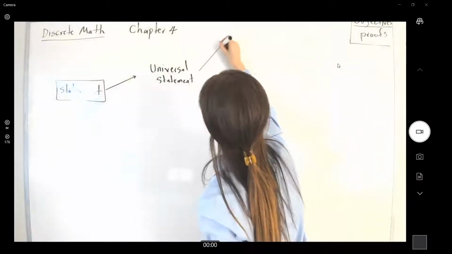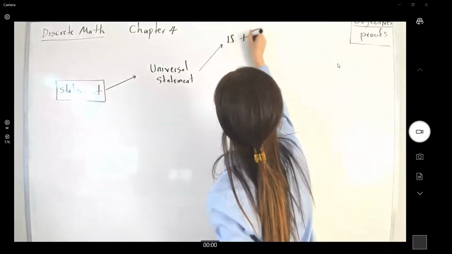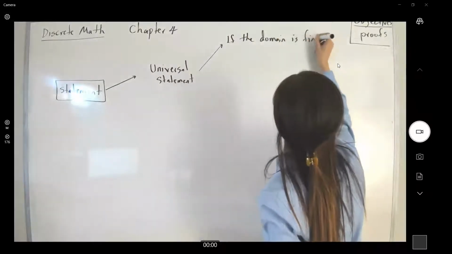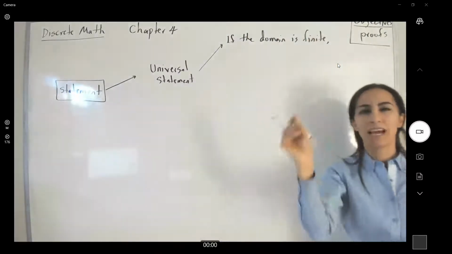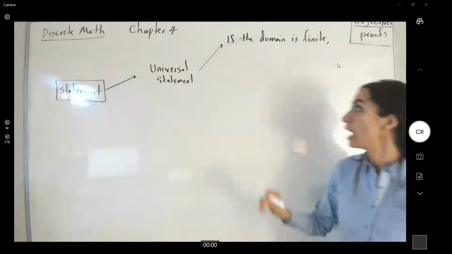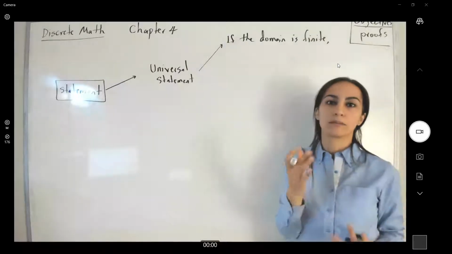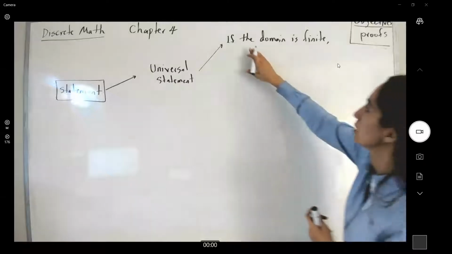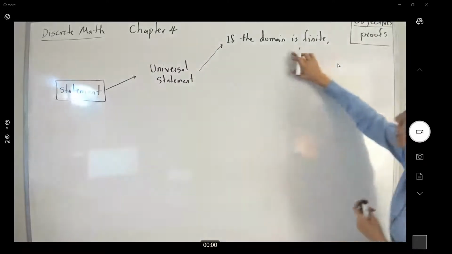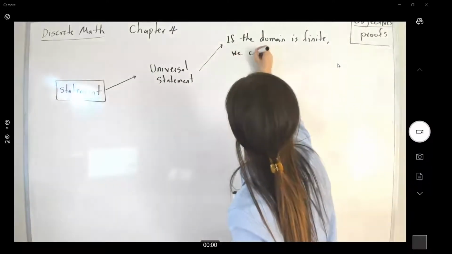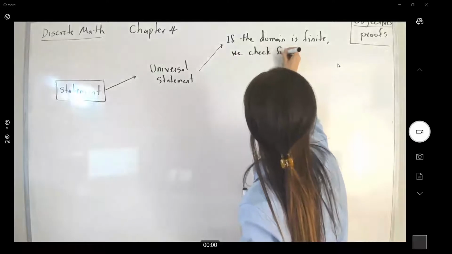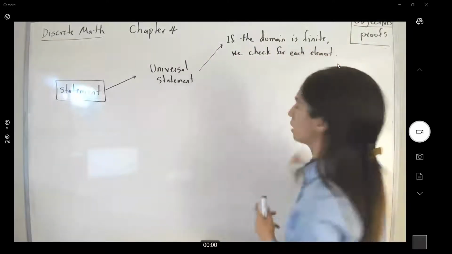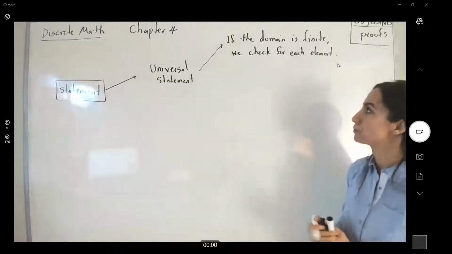So in the first case, if the domain is finite, it means that we have to take each element in the domain and check to see if that predicate is true for that statement. So if the domain is finite, we check for each element. Sometimes they call it exhaustion method.